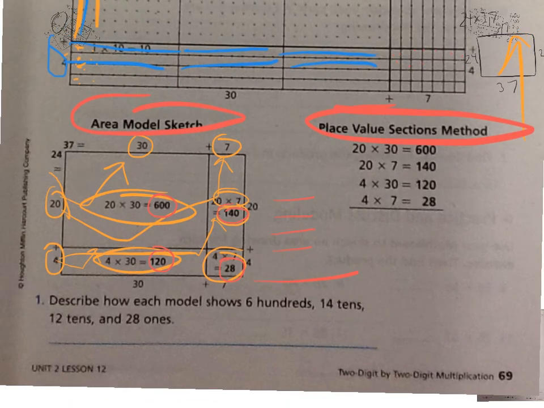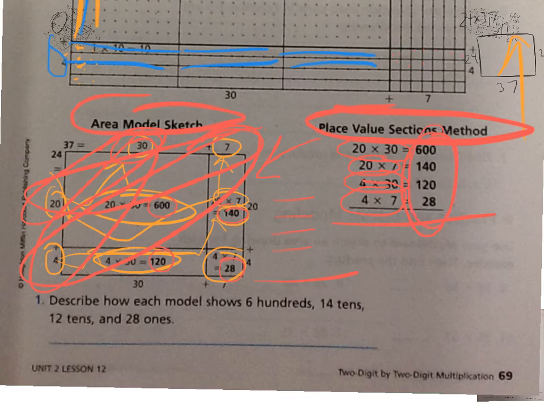All you're really doing is you're taking 20 times 30, which is here. You're taking 20 times 7, which is here. You're taking 4 times 30, which is there, and taking 4 times 7, which is here. Okay, I know I drew a lot of lines. That's all you're really doing, adding them all together. Here's the big drawing. Here's a simple way. So describe how each model shows 6 hundreds, 14 tens, 12 tens, 28 ones. It shows you that in your partial products. All your partial products here, it shows you that.